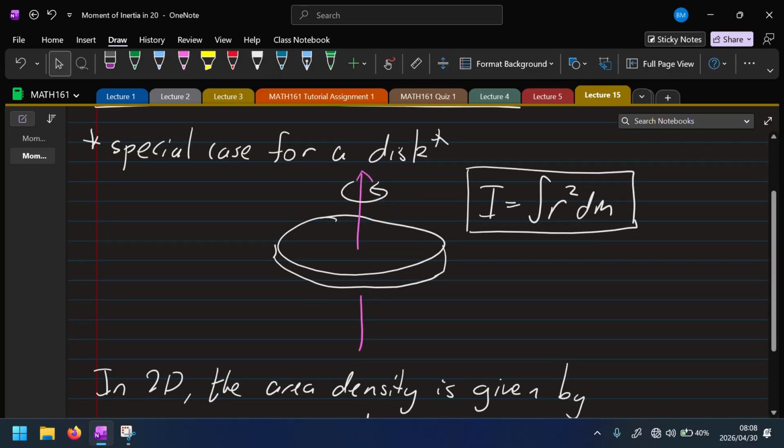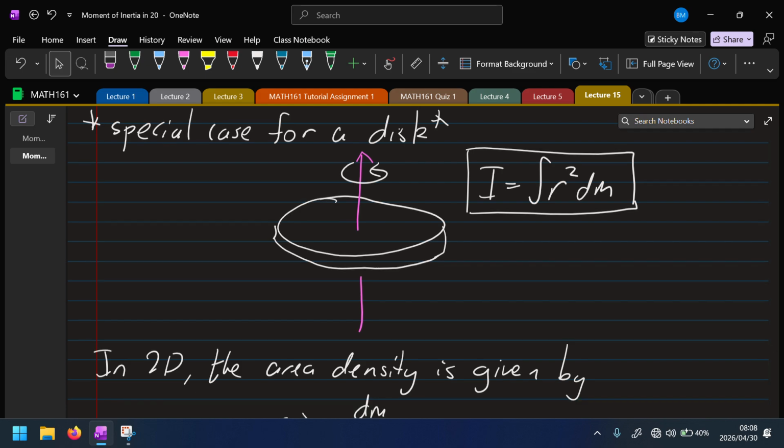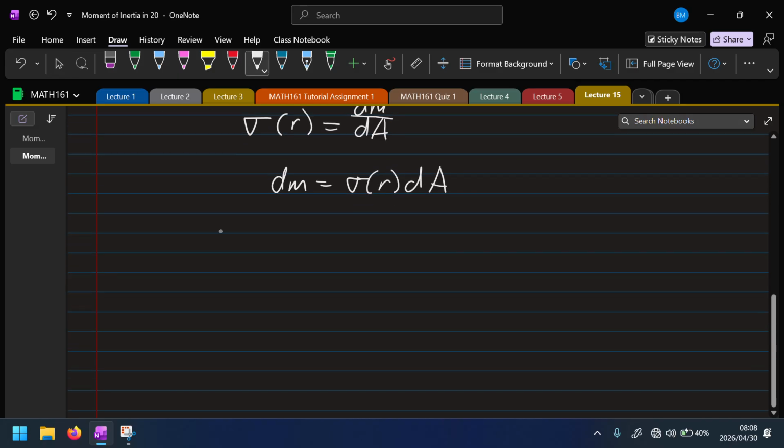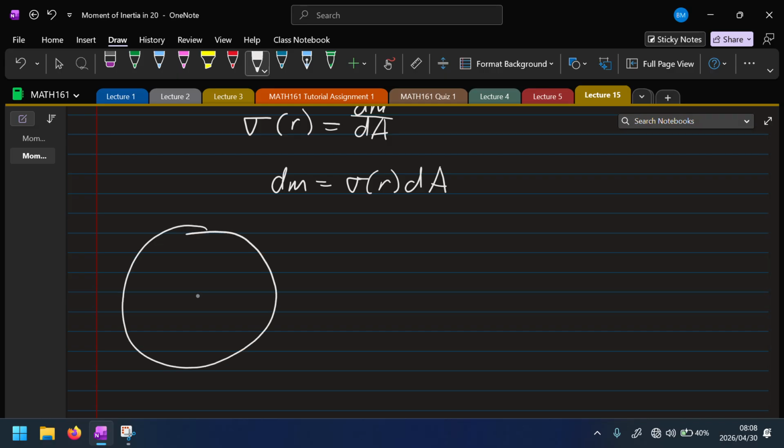Since we're working in the special case with the disk, we know that the total area is always a circle, so we can use that to help us out. Let's look at this disk from the top now. We have our center point, and we're looking for the little dA.